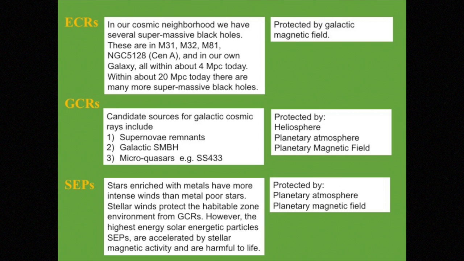And I need to stop for a second and say, I'm really concentrating here on surface life. I do agree that unless you're able to remove the water from the planet, marine life is not subjected to this.